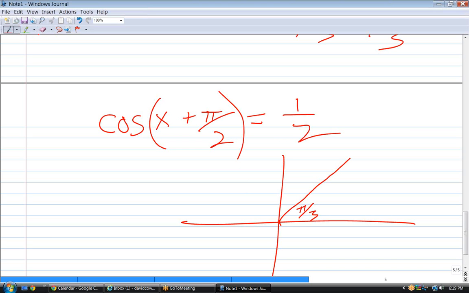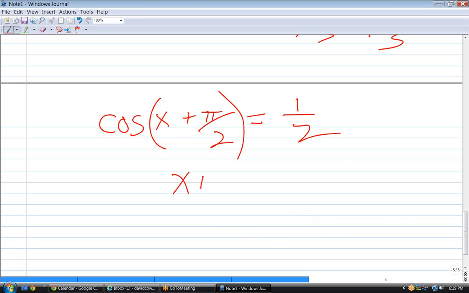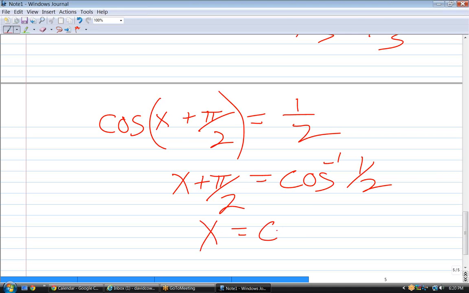There's a better way to do this problem. I just realized. Okay. So what we have here is, if this is true, then x plus pi over 2 equals the inverse cosine of 1/2. Right? By definition. So x is equal to the inverse cosine of 1/2 minus pi over 2.